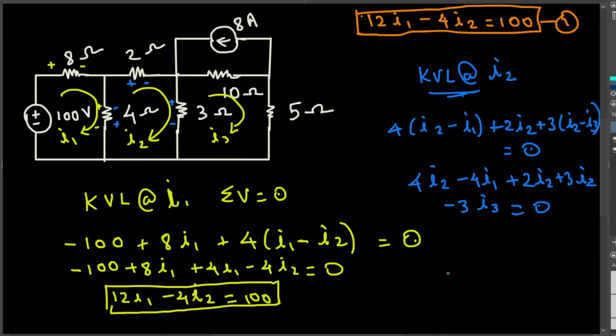That's equal to 0. Let's add the like terms. Minus 4I1 plus 3 plus 2, 5, 5 plus 4, 9, 9I2 minus 3I3, that is equal to 0. Okay, so this is my equation number 2.